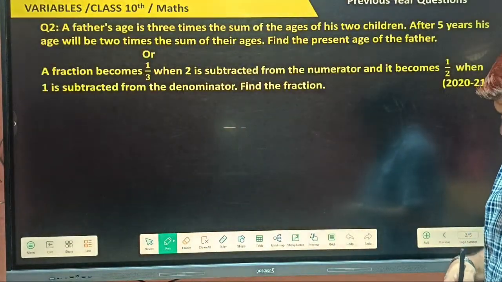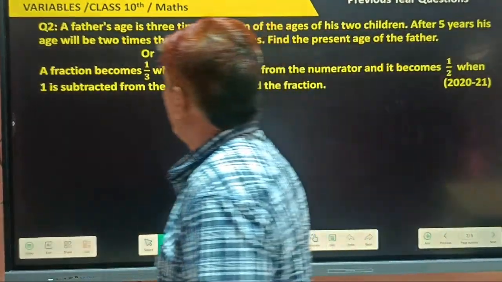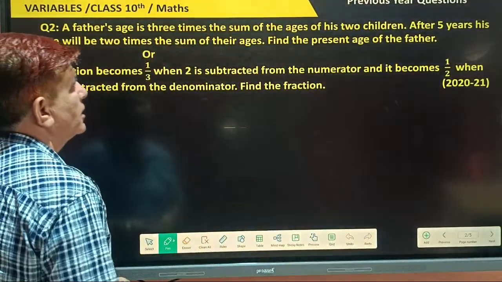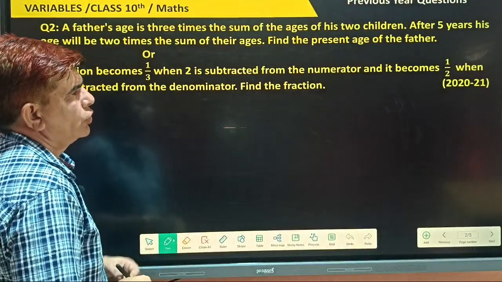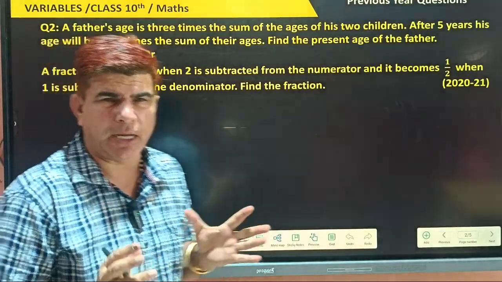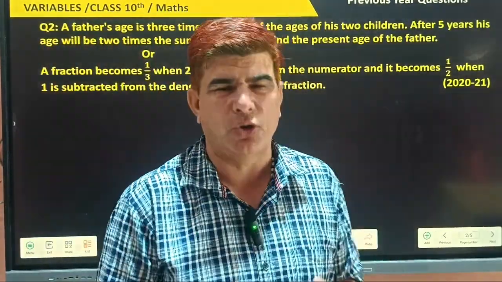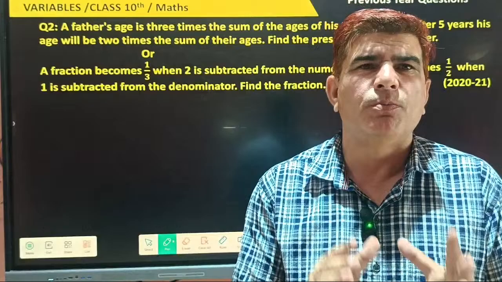So it says like this: a father's age is 3 times the sum of the ages of his 2 children. In this type of question, many times I told you, once again I tell you, we have to assume.